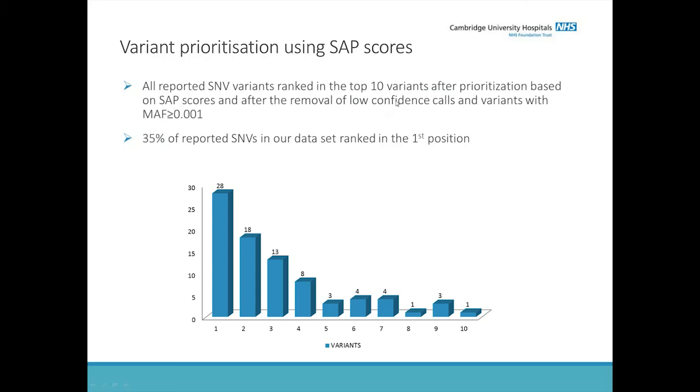So you will have some remaining low confidence scores in your table, and some calls where the minor allele frequency is quite common in individual populations. As you can see here, 35% of the reported SNVs ranked in the first position. So this is pretty good, and scoring seems to be working really well.